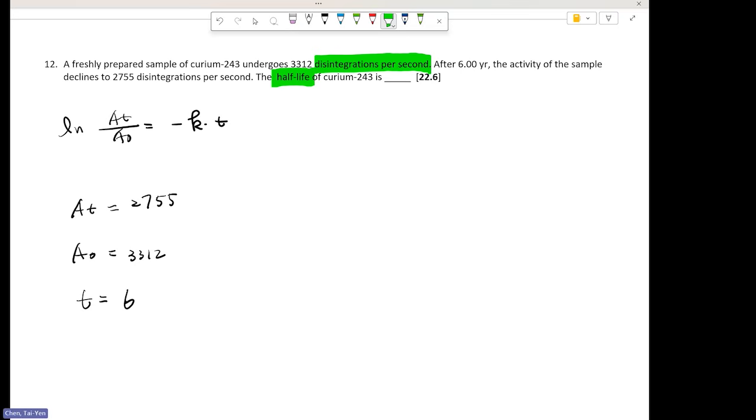Disintegrations per second. The only thing you want to pay attention to is that you make sure it is not the max. As long as the value is not the max, then you can use it.